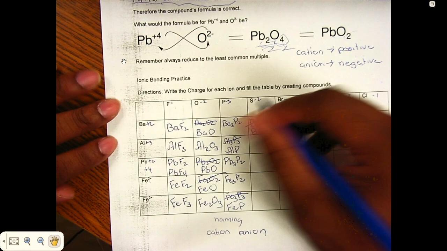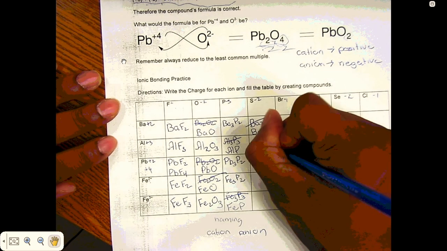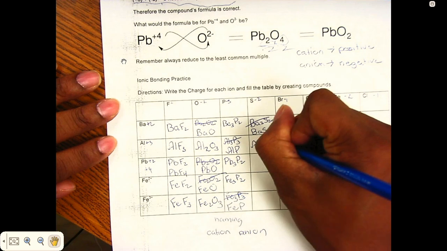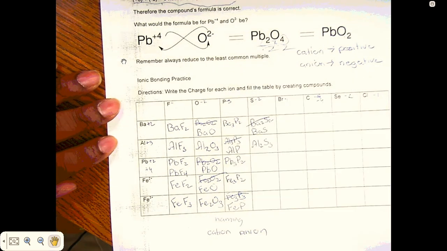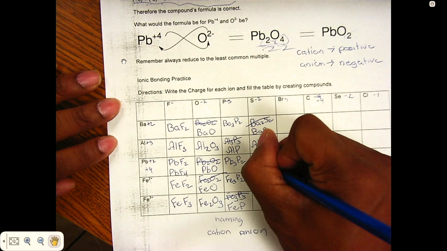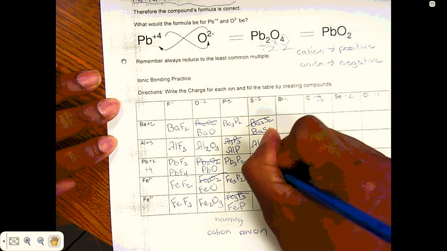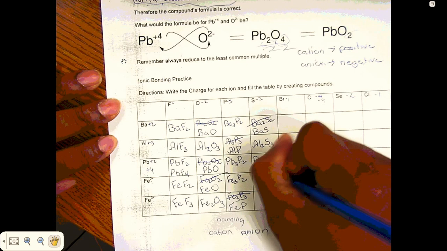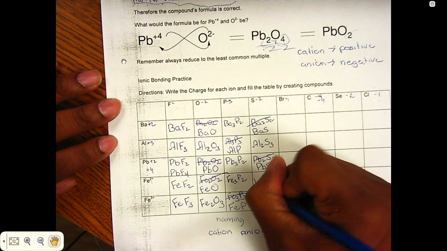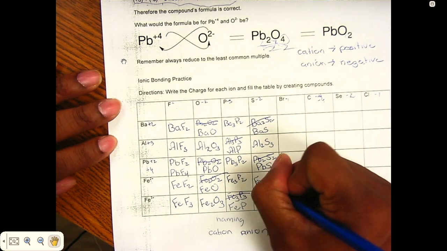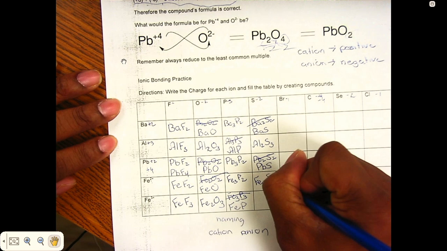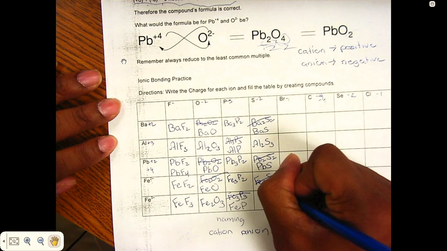And then moving on, we have aluminum sulfide. We have lead 2 sulfide, which becomes this. We have iron 2 sulfide, which becomes this.